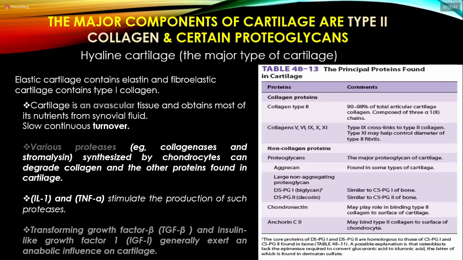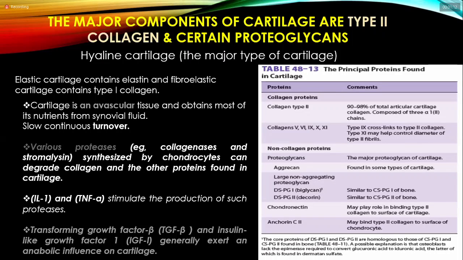So, as components, we also have protein and non-protein components in the cartilage, and mainly we have collagen type 2 as a distinguishing protein part in the cartilage, representing more than 90% of the proteins that we have in the cartilage, as well as the presence of other types of collagens. They play a role in the different structures of the cartilage types because we have different types of cartilage.